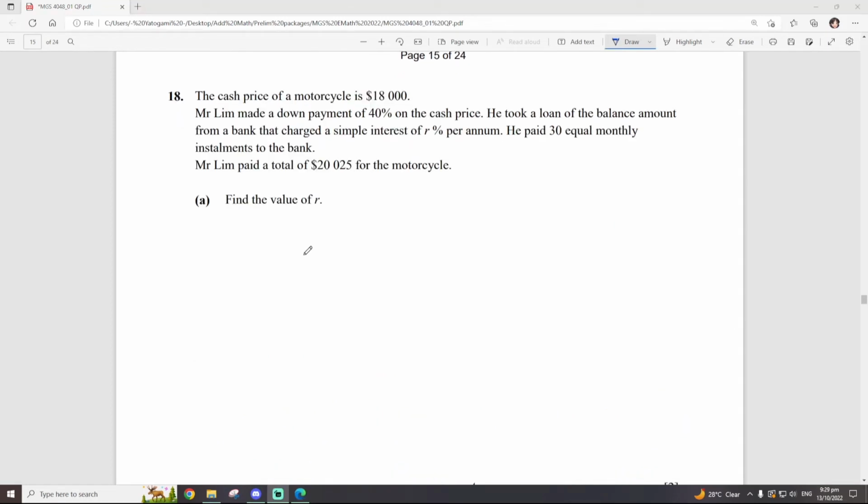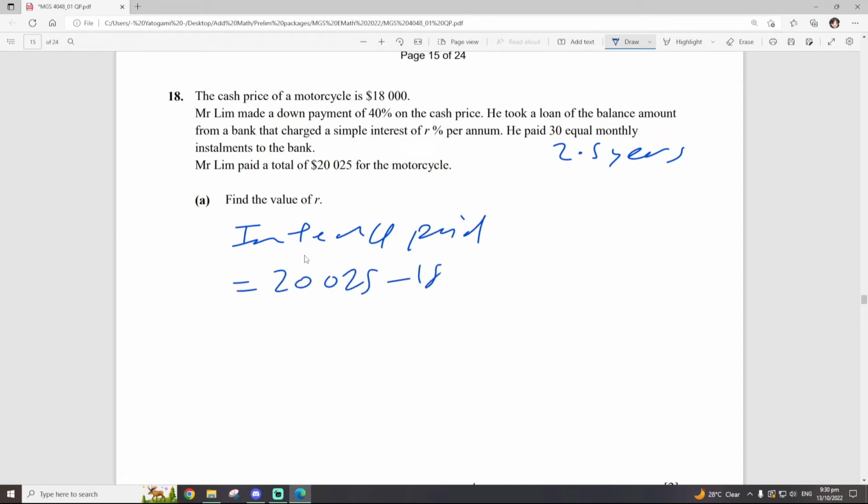Question 18. Cash price of a motorcycle is $18,000. Mr. Lim made a down payment of 40% on the cash price, took a loan on the balance amount, charged simple interest of R% per annum. Simple interest, by the way. 30 equal monthly installments, that's 2.5 years, because 30 divided by 12. Mr. Lim paid a total of $20,025. Okay, so the interest paid will actually be the total you pay at the end minus the original price, which is 2025.